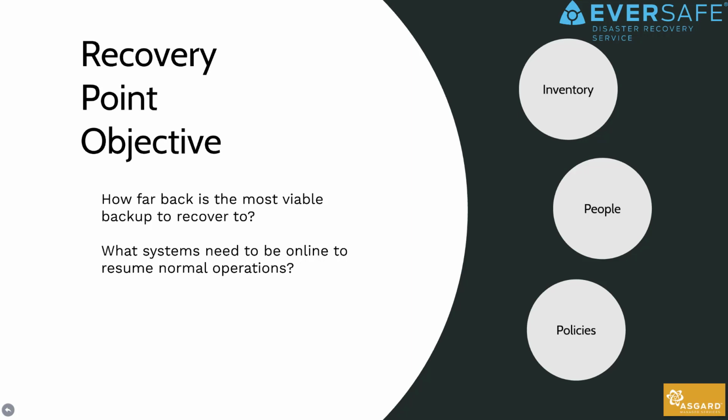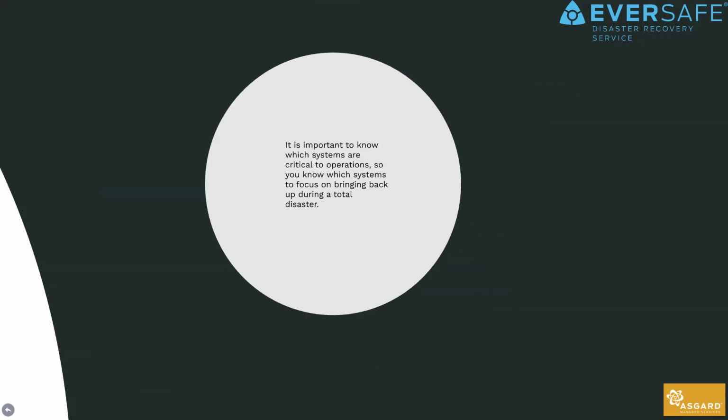Under RTOs, we ran the idea that our email and our SQL servers need to be up to operate cash flow. This can be similarly seen in the Recovery Point Objective. The point is to have your email and your SQL servers back online. And similar to RTOs, the RPOs have three things as well: inventory, people, and policies.